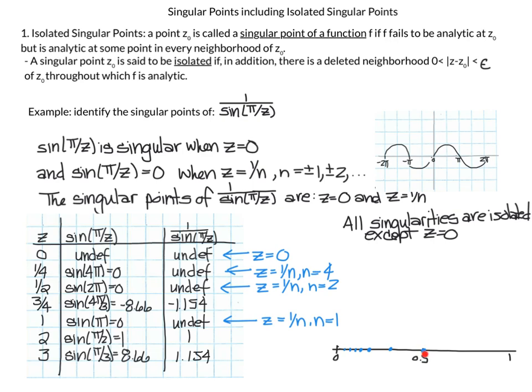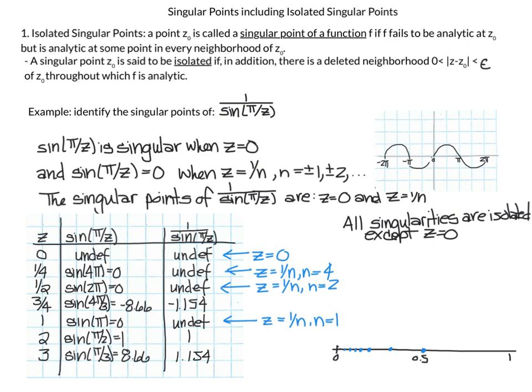So here at 1/2, we look at the next closest singular point, which is this one, which is 1/3, and we can definitely draw a radius as long as it's less than the distance between 1/2 and 1/3. We can isolate this singularity.